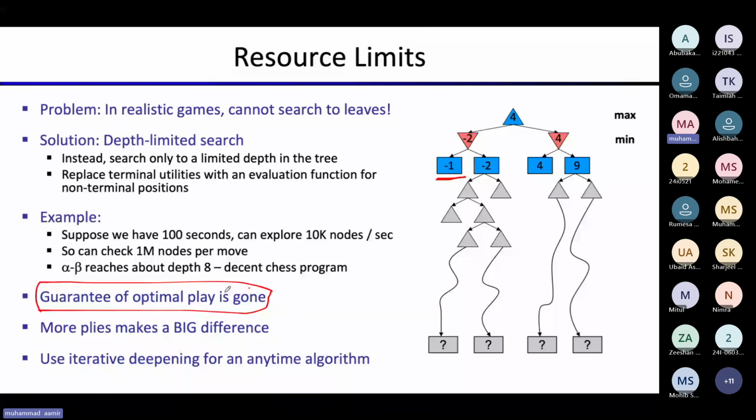More plies make a big difference. More plies means if we stopped here, if we go one step down, one branch down, it will add a lot of other states to be explored. If we go two steps down, it will add a lot of other states to be explored. The same way we are going.